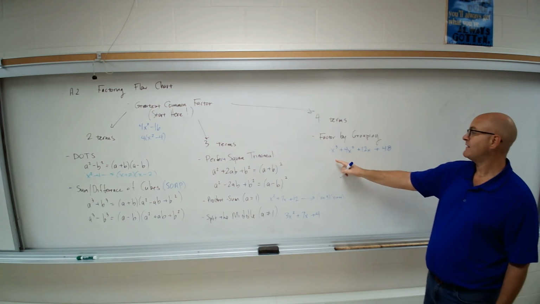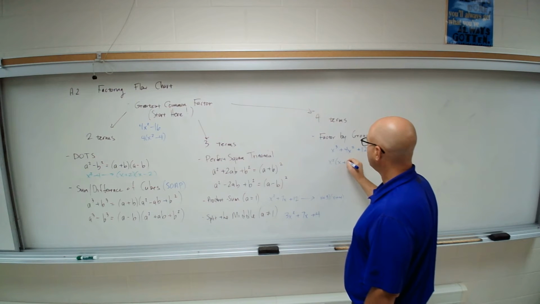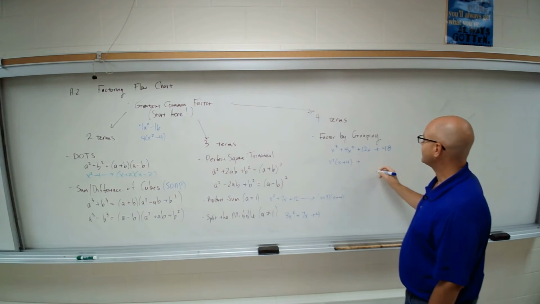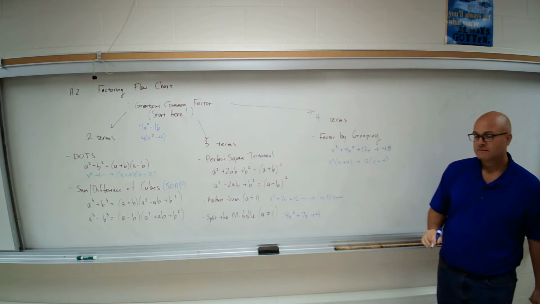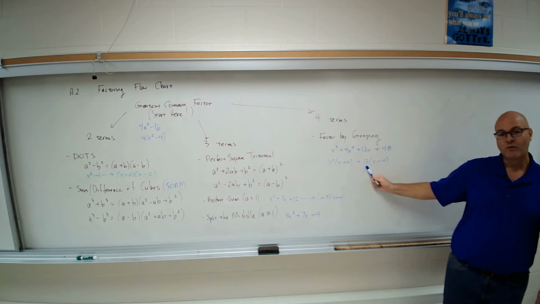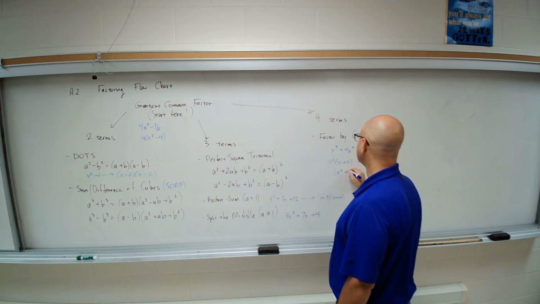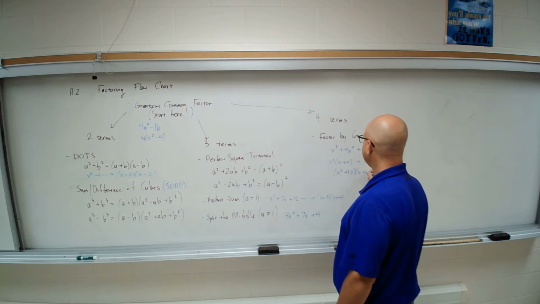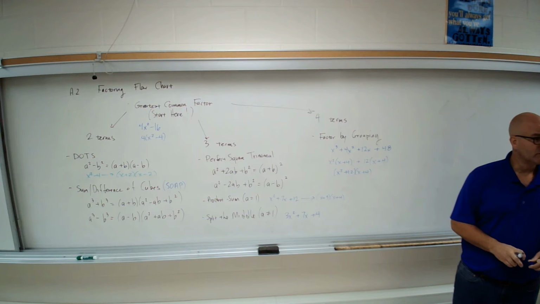This is where you would take the first pair, take out an x squared, take the second pair, the greatest common factor is 12. So we see here we have x squared of these things, and then we get 12 more of these things. So altogether we have x squared plus 12 times x plus 4.